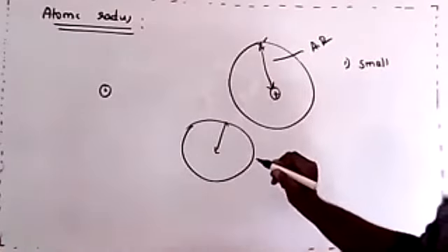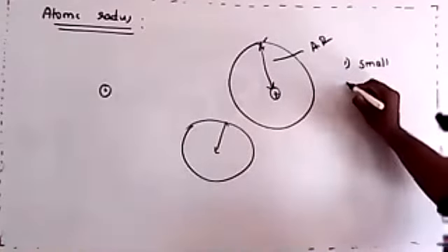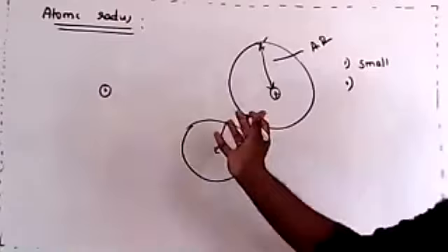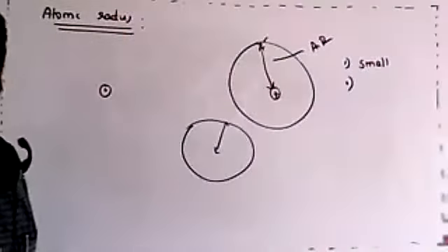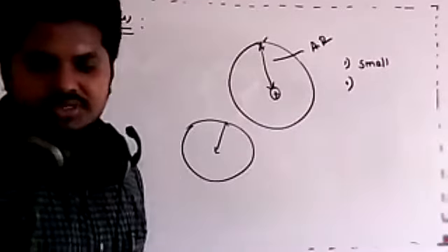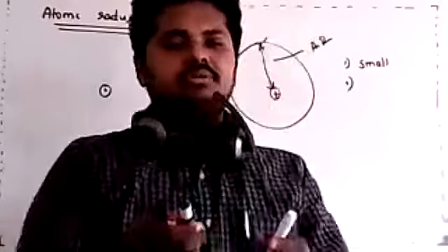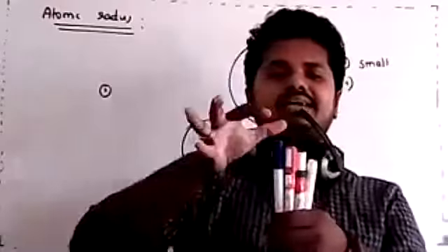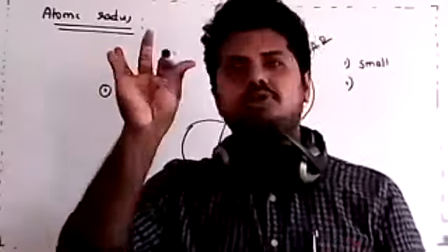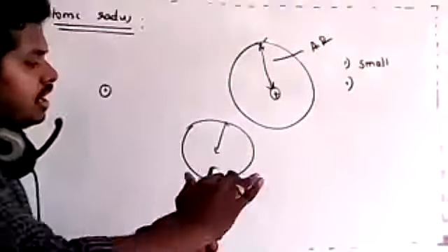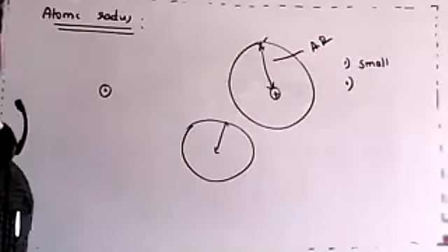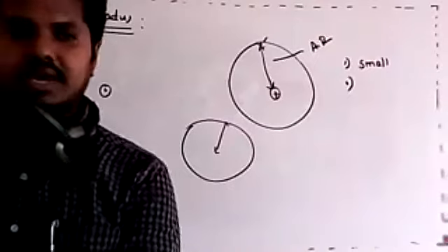The second difficulty is that atoms cannot be isolated. Isolation means taking out separately. If I want to measure something related to this pen, I can take this one pen separately and measure its property. But atoms are not like that. If the atoms are arranged in a group, I cannot separate only one atom.